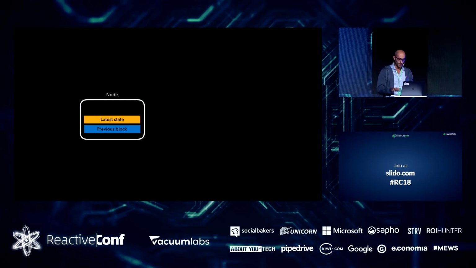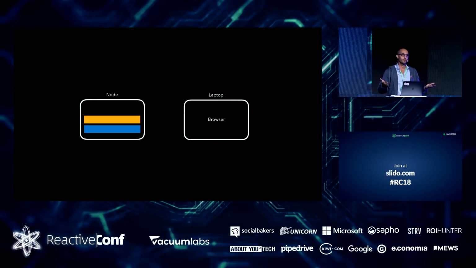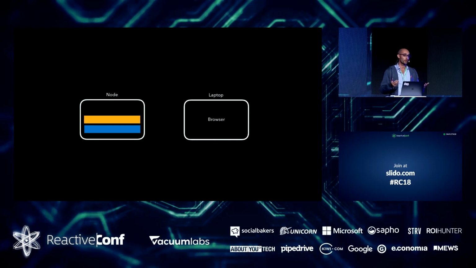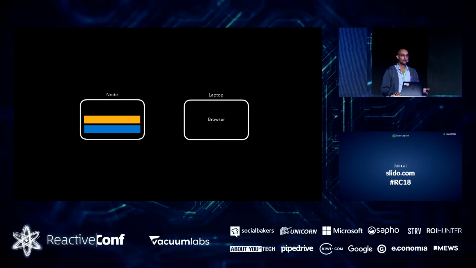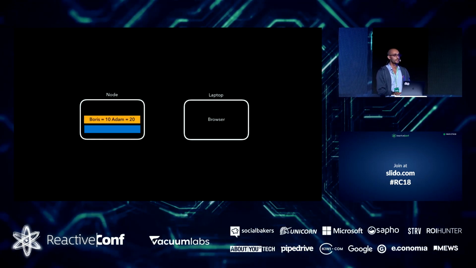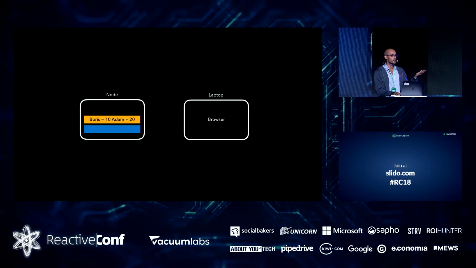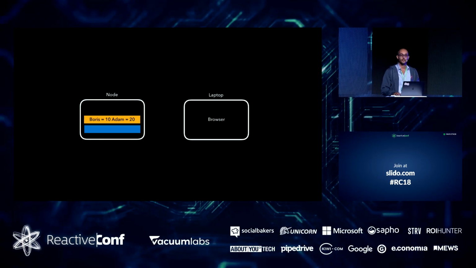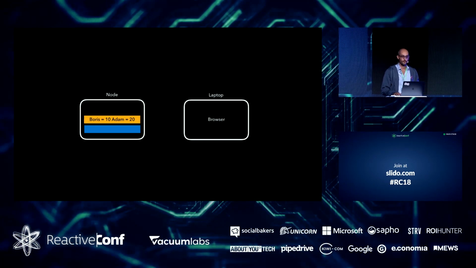So let's think about a new example. Actually, it's the first time I'm speaking about it. I'm going to be launching a Boris coin today. And for pre-launch, I decided to distribute some coins around. So I have 10 coins on my account, and I have 20 coins with Adam, my friend. And this morning, he was really nice, and he loaned me a euro so I can buy coffee.